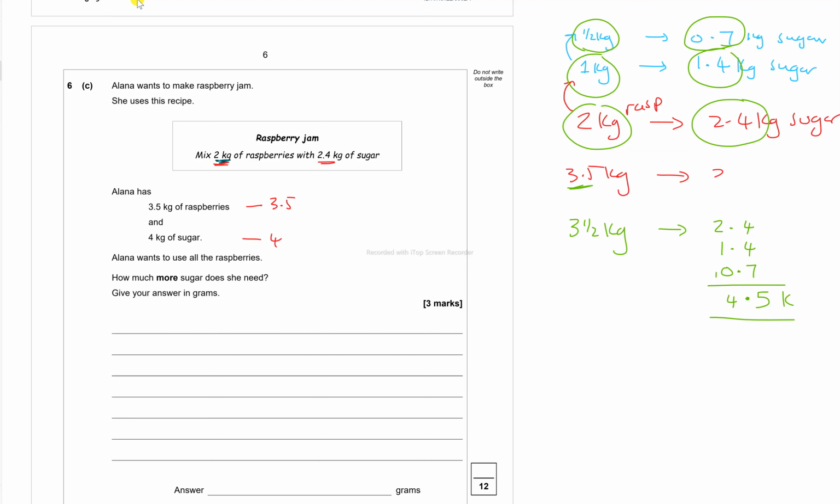So I need 4.5 kilograms of sugar. How much have I got? I've got 4. So I need 4.5 take away 4, which is 0.5 kilograms more sugar. Right, and you've got to write all this. That's the only way it's going to work.